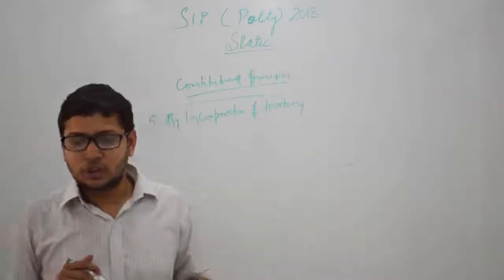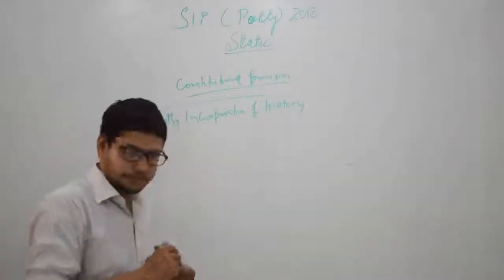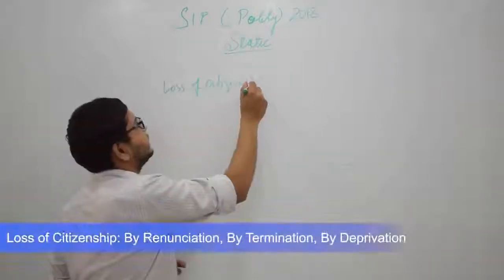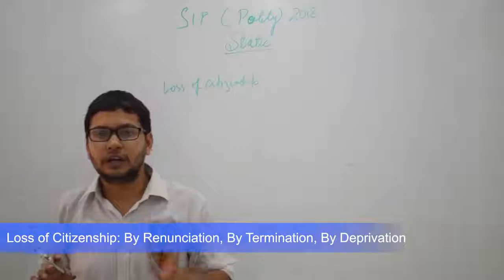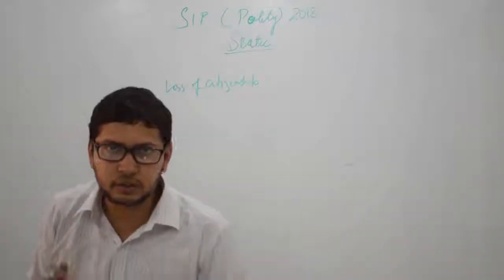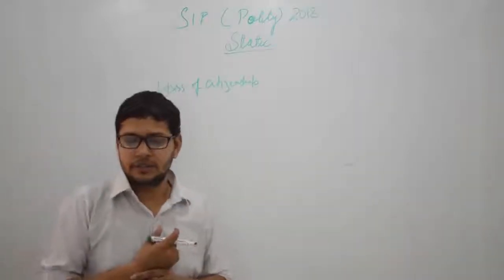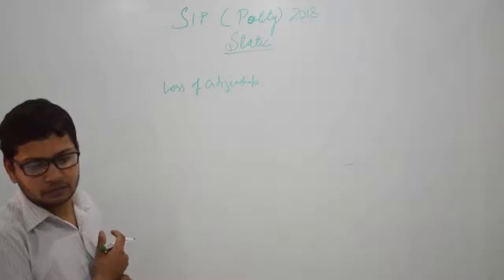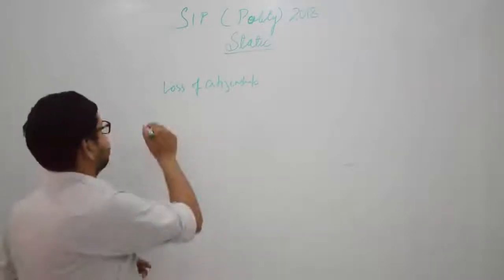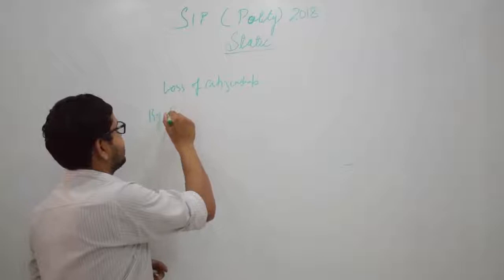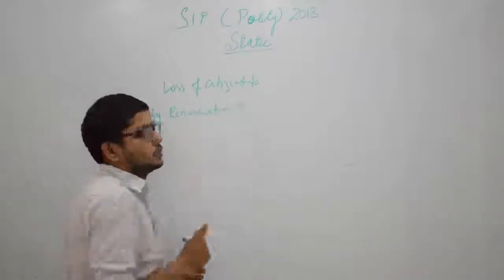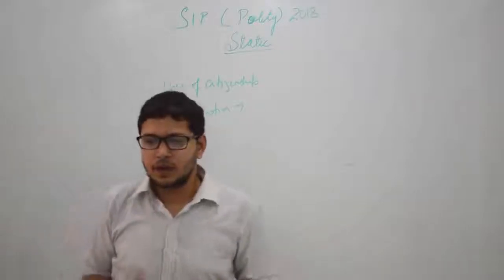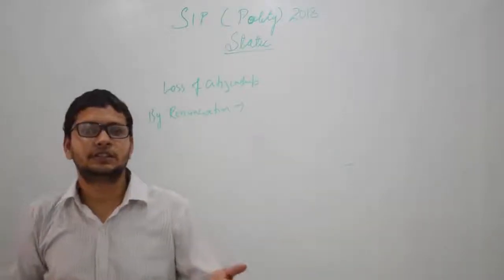Next, we will move into loss of citizenship. Again, the Constitution does not mention anything about this. The 1955 Act mentions the methods of loss of citizenship. So first is by renunciation. Suppose I became a citizen of the US.